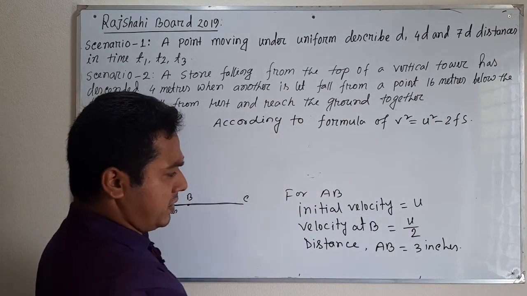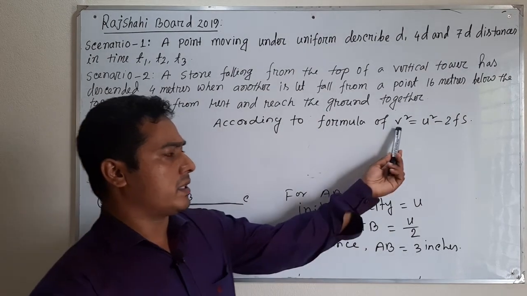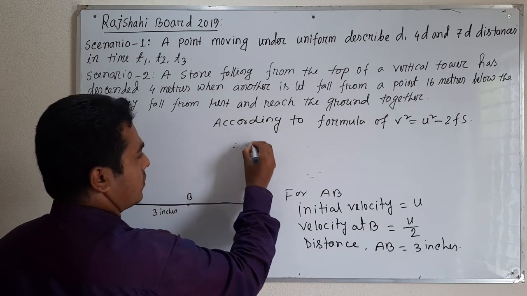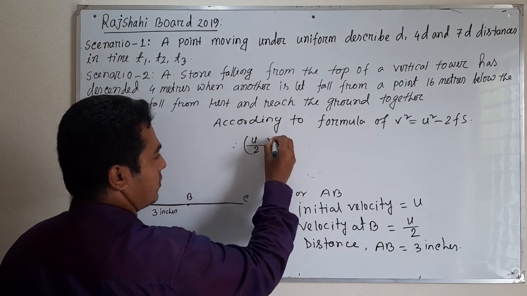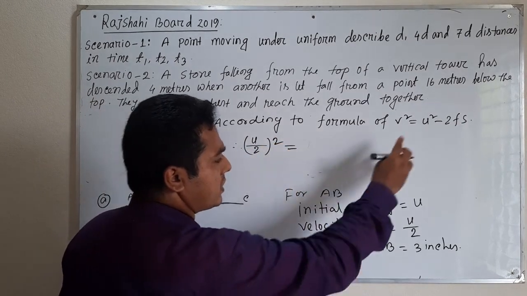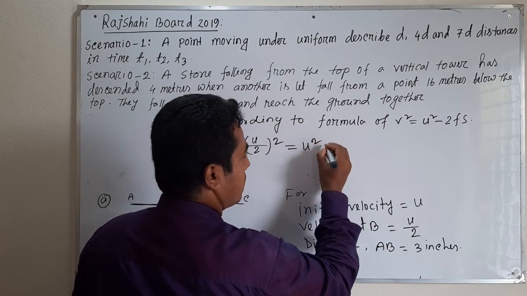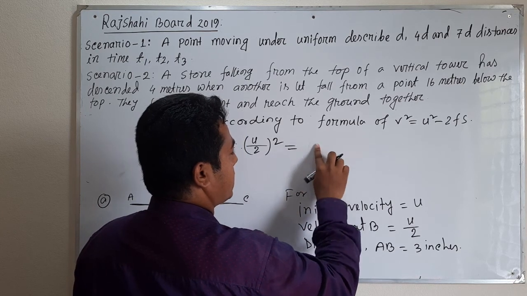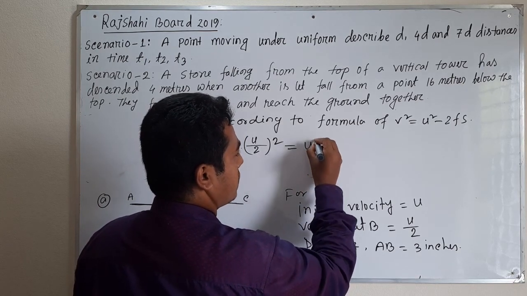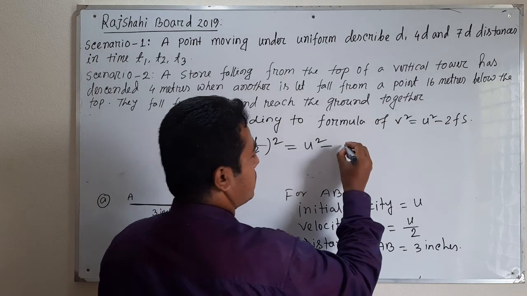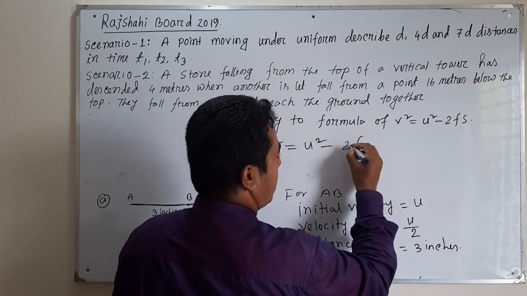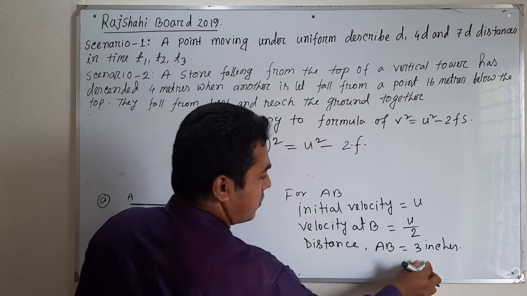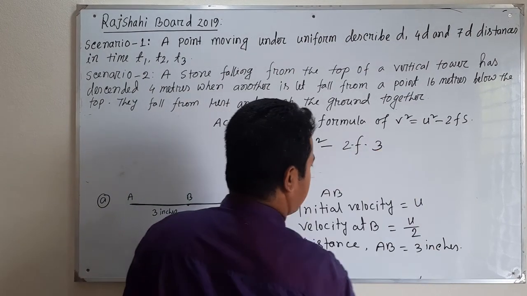Here v is the final velocity, equal to u by 2, whole square, is equal to initial velocity u square minus 2fs, where distance is equal to 3 inches.